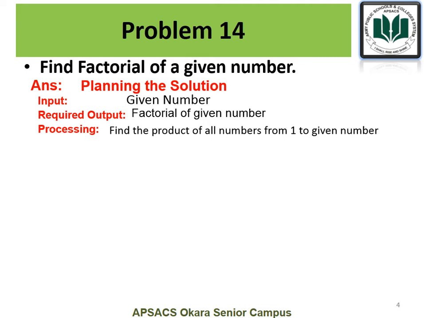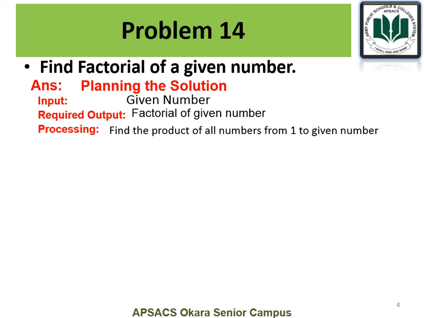This is the method that we will be using to find the factorial of a number. Suppose the number is 10. Then what will you do? You will find the product of all the numbers from 1 to 10. It means 1 multiplied by 2 multiplied by 3 multiplied by 4 multiplied by 5 and so on. You will find the product.